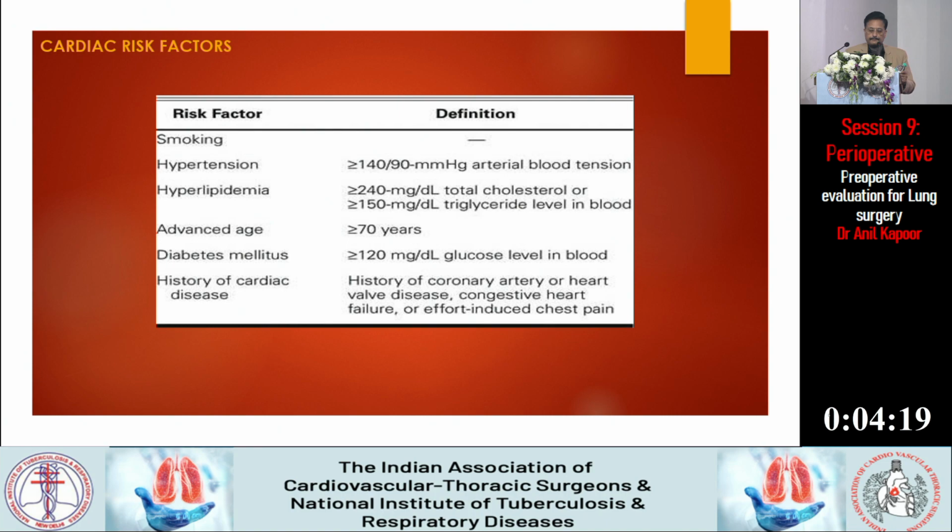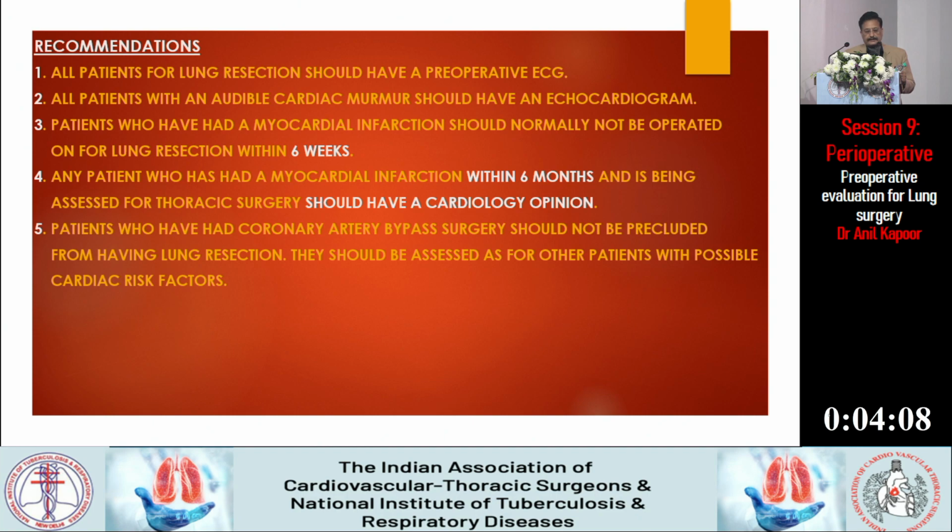Smoking, hypertension, hyperlipidemia, advanced age, diabetes mellitus, and history of cardiac disease should all be taken into consideration. And the BTS guidelines are that all patients who are to be subjected to lung resection should have a preoperative ECG. All patients with an audible cardiac murmur should have an echo.